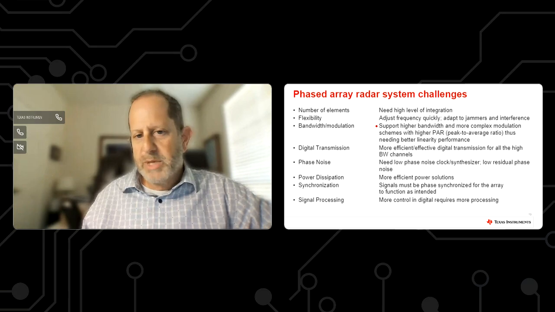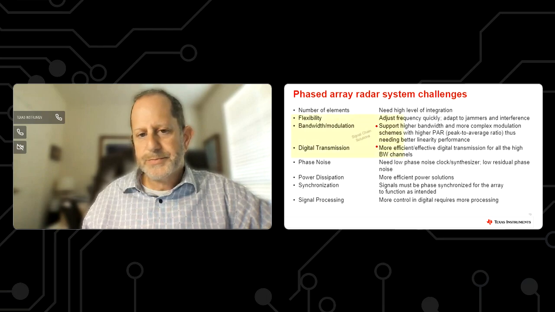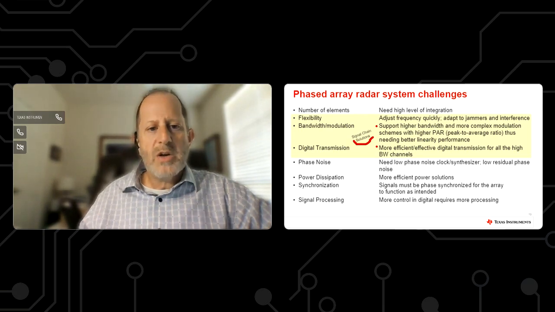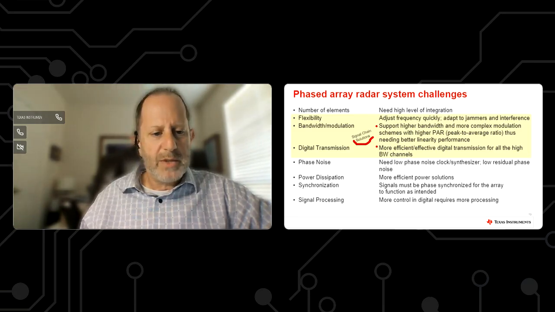So we need solutions that have better linearity performance. And we're talking about a transmission scheme that can support very high instantaneous bandwidth signals. All of these areas fall under the signal chain solution. So we're looking for new devices that are coming into the market that can support these types of applications with flexibility, bandwidth, and the transmission.